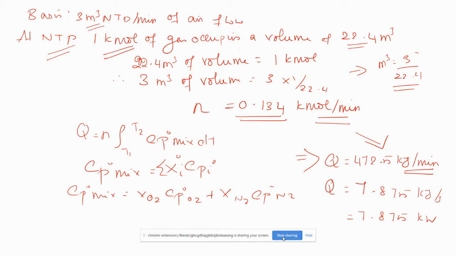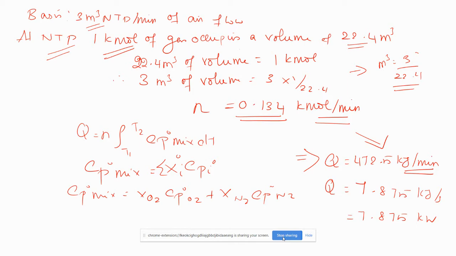So now we have found the individual Cp values and combined them into mix 1 and mix 2. So now Q is equal to N into Cp naught m of mix 2 into T2 minus T0, minus Cp naught m of mix 1 into T1 minus T0.